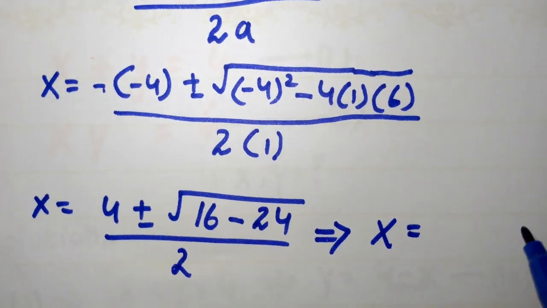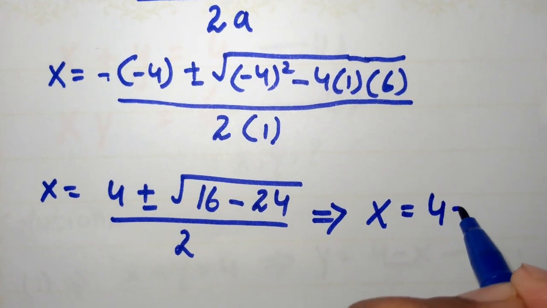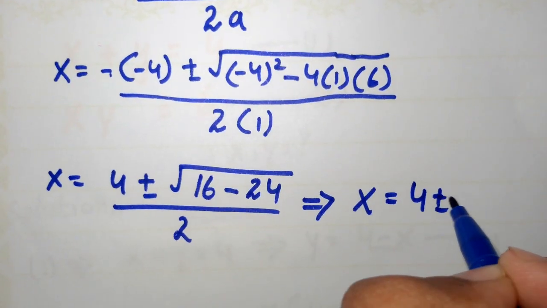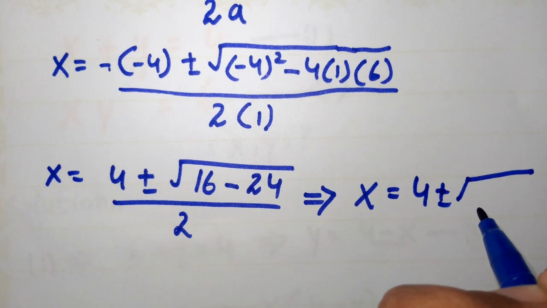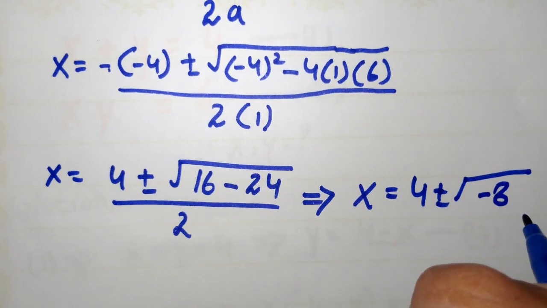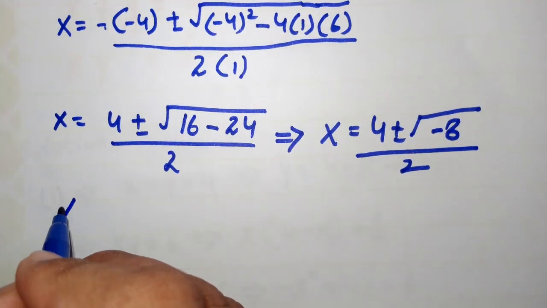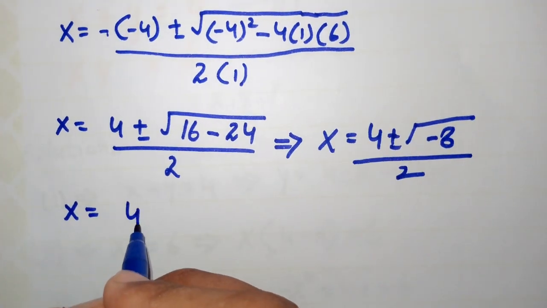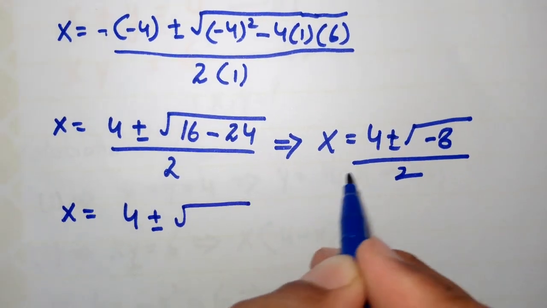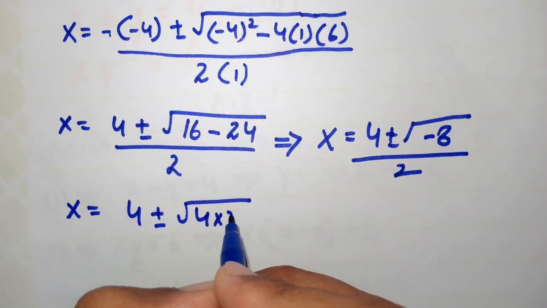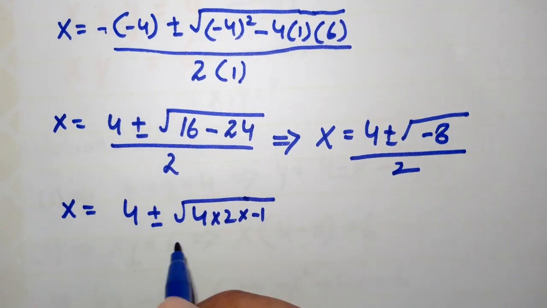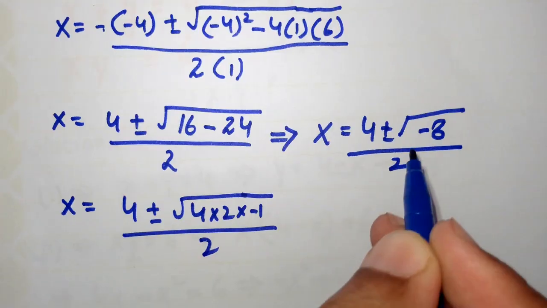X is equal to 4 plus minus square root of 16 minus 24, this will become minus 8, over 2.